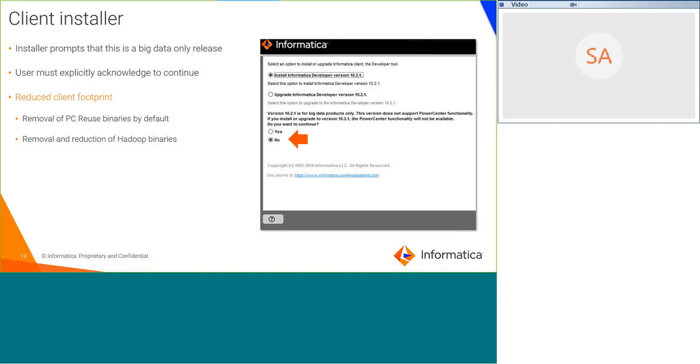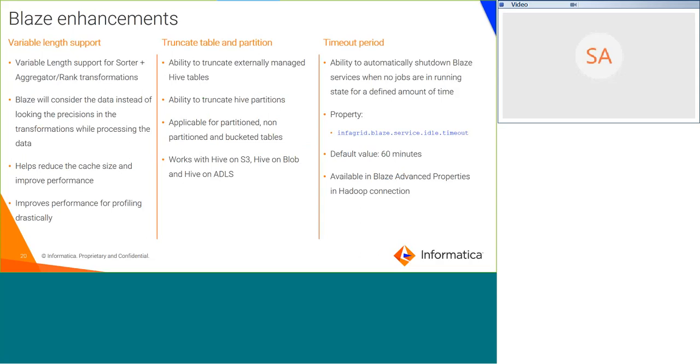So if you want to use our Power Center reuse functionality, you can install it separately on our client, but by default it will not be shipped with our client tool. So this will help to reduce the footprint of our installer.